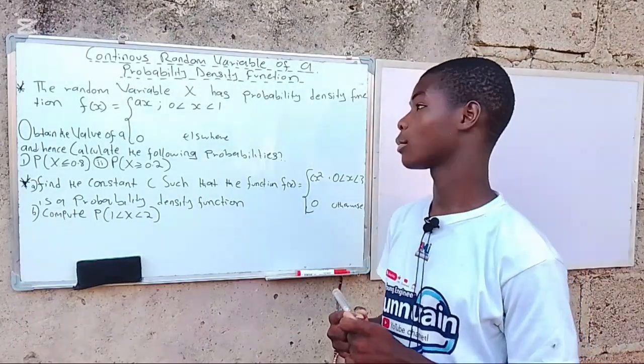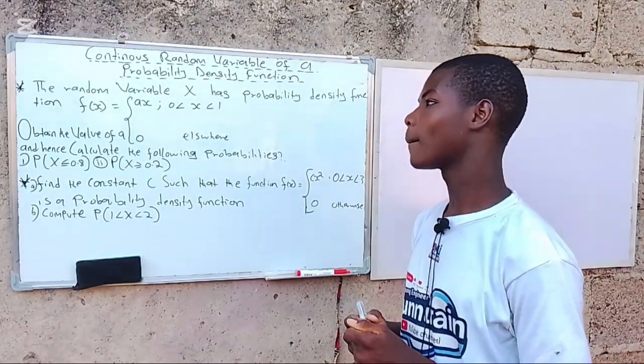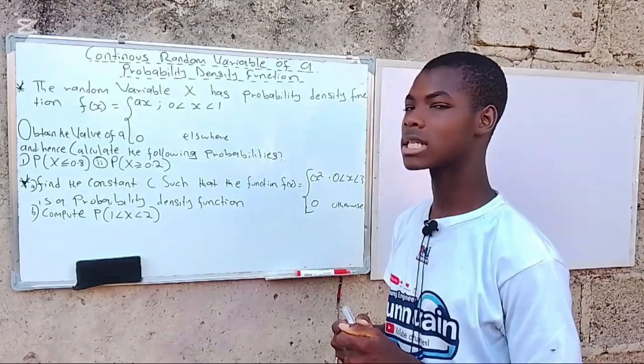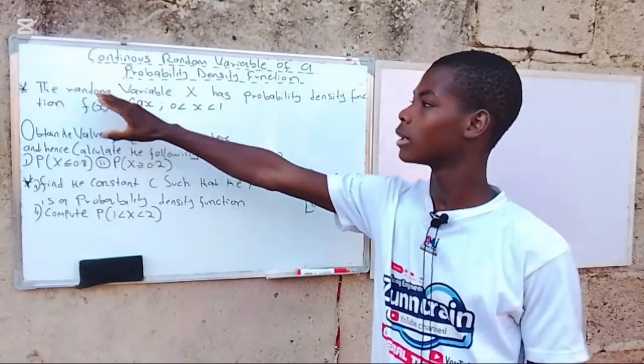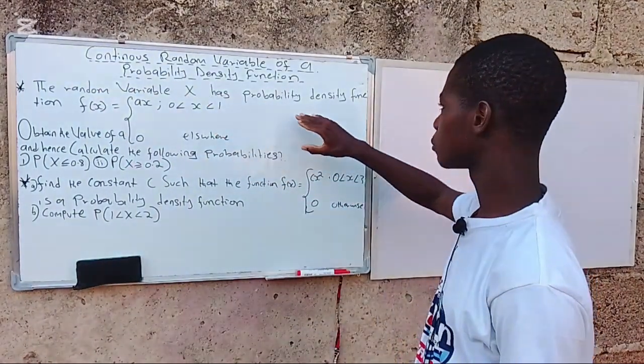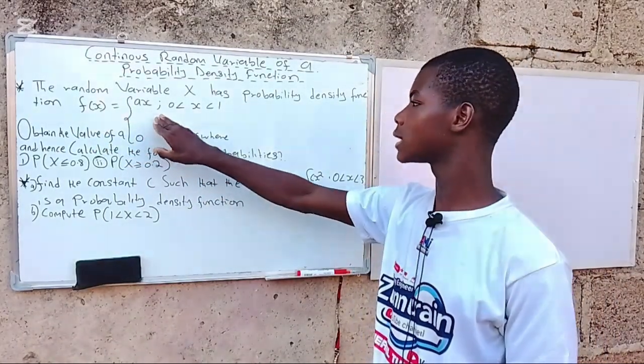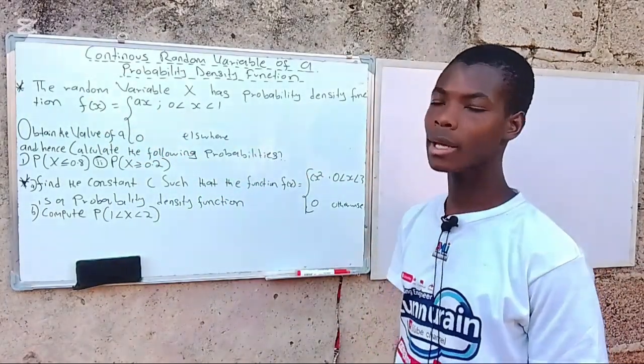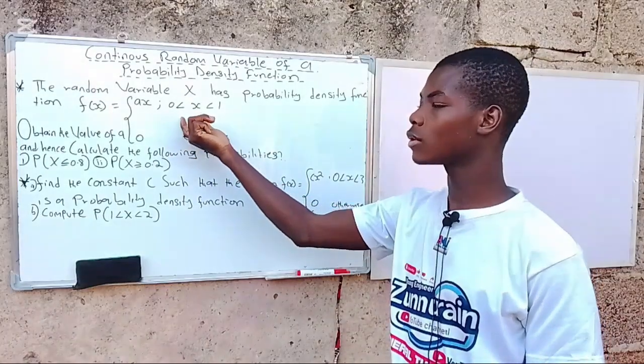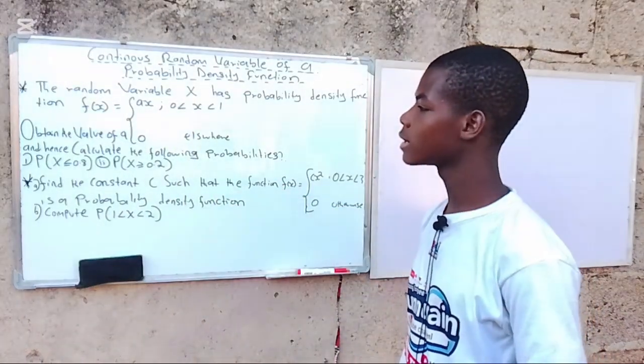In today's tutorial we are going to look at continuous random variables and probability density function problems. The first question says that the random variable x has probability density function f of x equals ax, for 0 less than x less than 1.